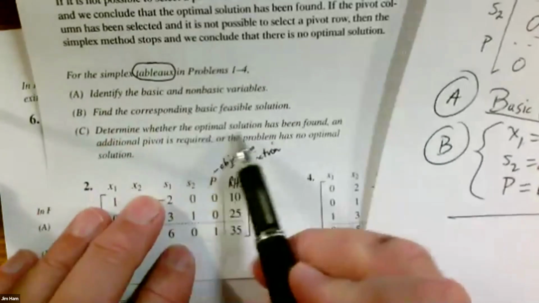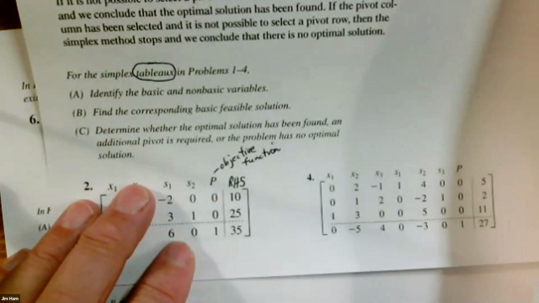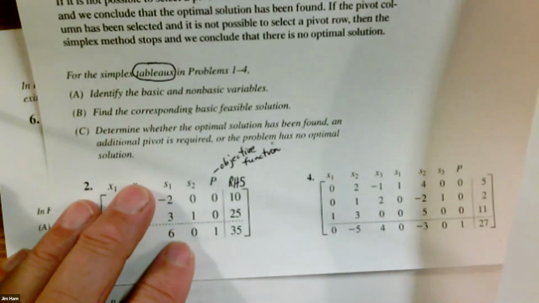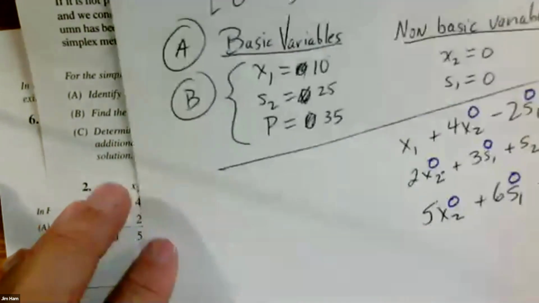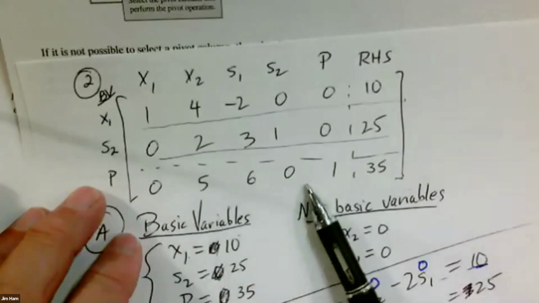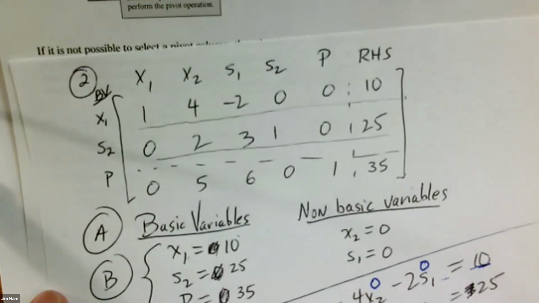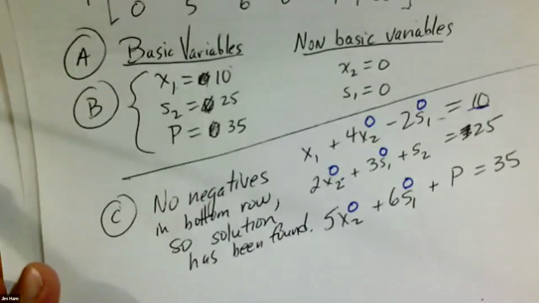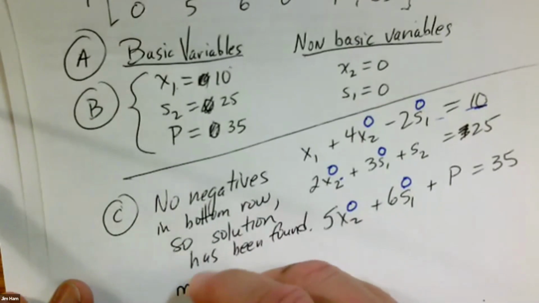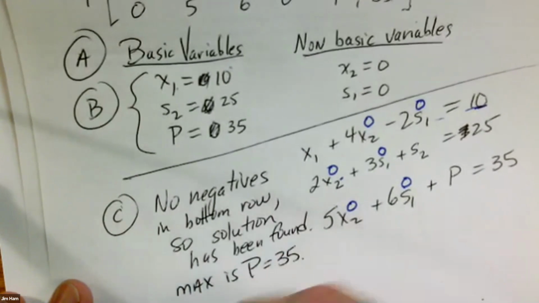And then determine whether the optimal solution has been found, an additional pivot is required, or the problem has no optimal solution. All right, so for this one, since there are no negatives in the bottom row, the solution has been found. And what is the solution? The max is p equal to 35.